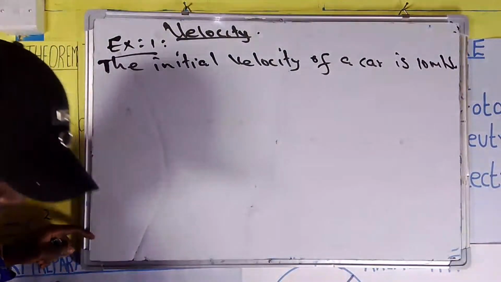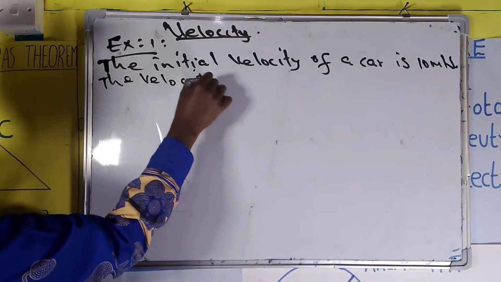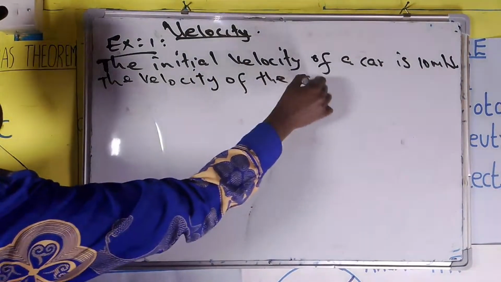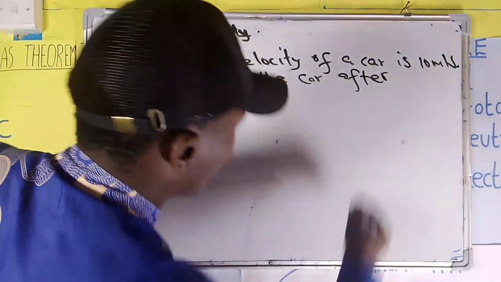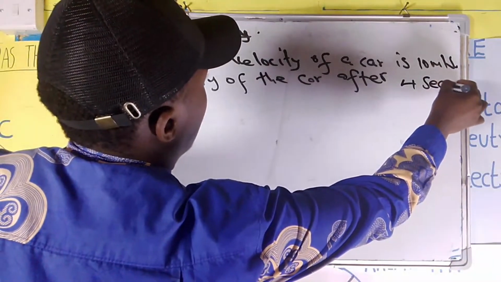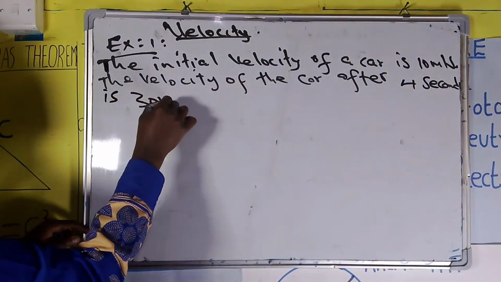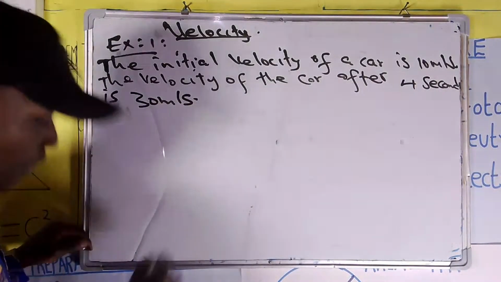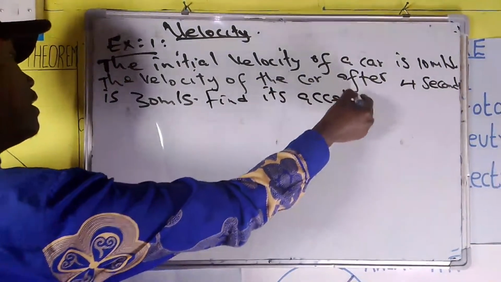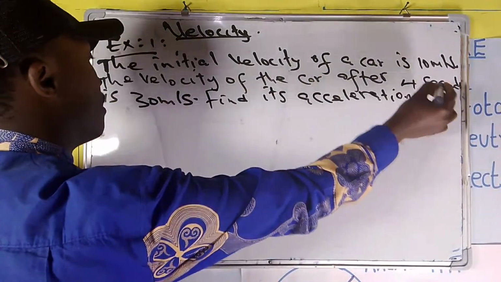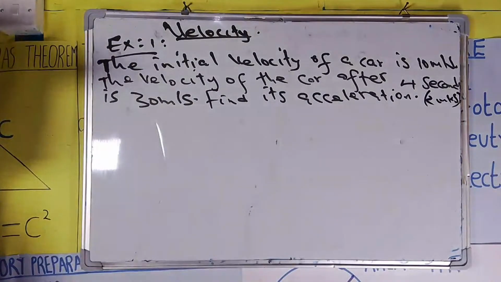The velocity of the car after 4 seconds is 30 meters per second. Find its acceleration. 2 marks.